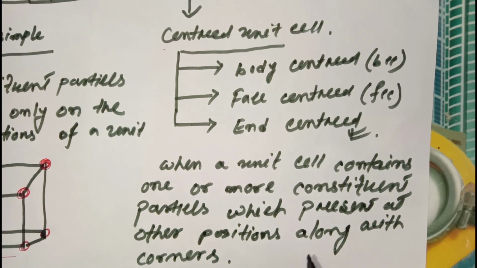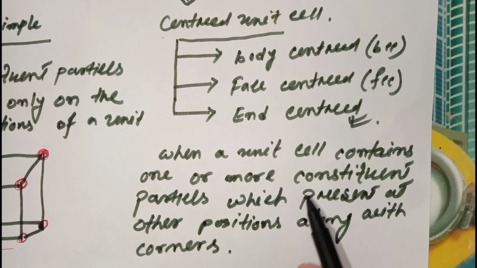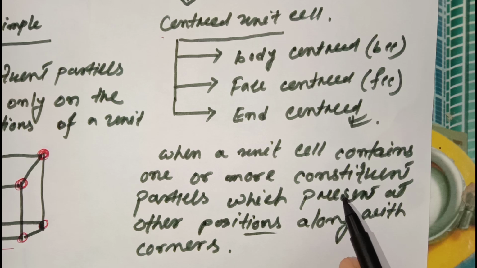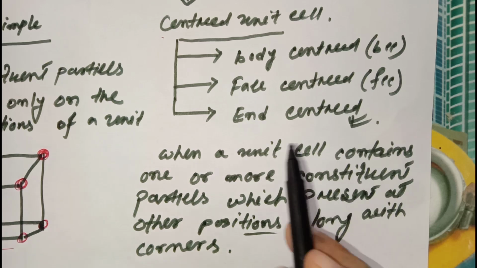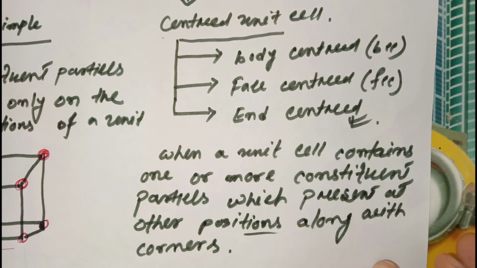Okay, so when the constituent particles or atoms are present not only in the 8 corner positions but also at the other sides of that cell, so this is known as the centered unit cell.